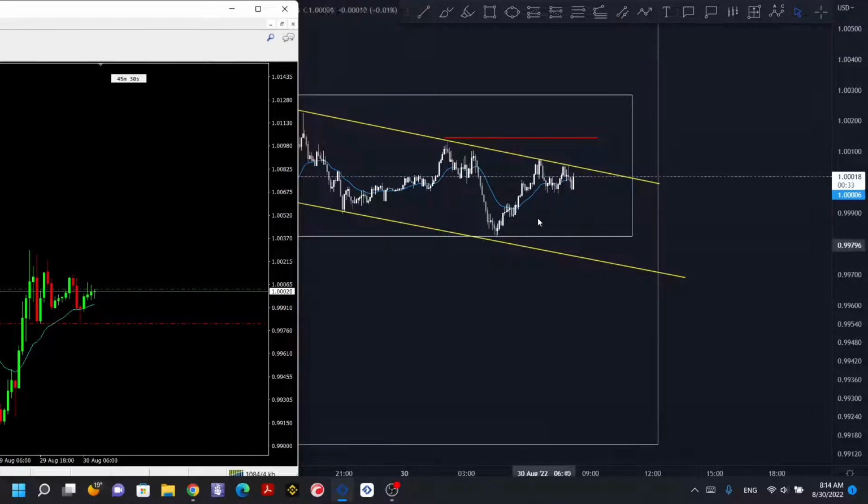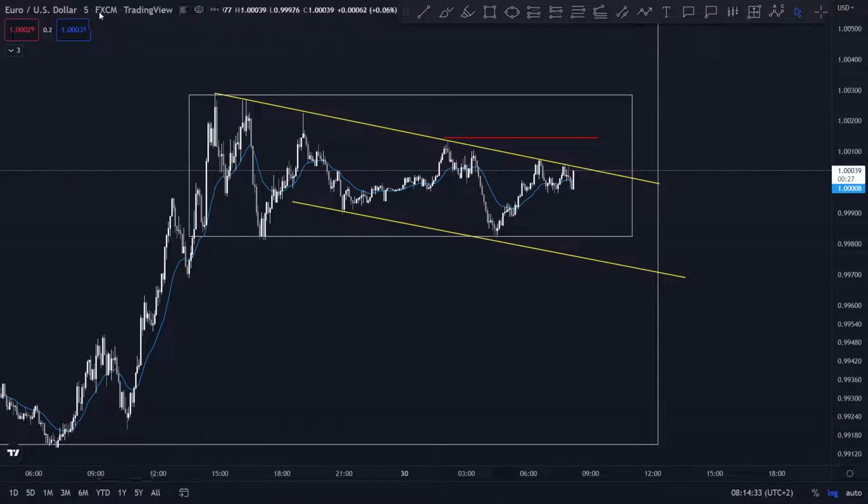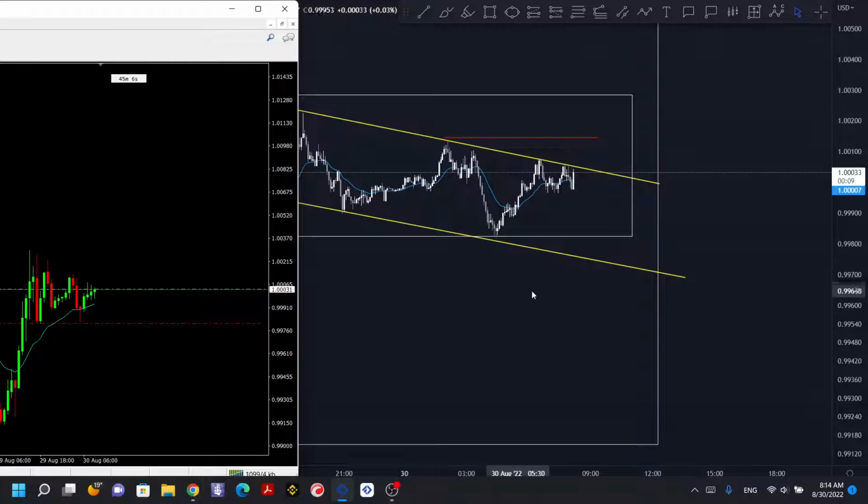This is another nested bull flag inside the bigger bull flag. So the bigger bull flag is this one. This is the flag. And this is another nested bull flag. Push up. Bam, bam, bam, bam. I don't know. It just doesn't look to me like this market is weak and should be shorted.